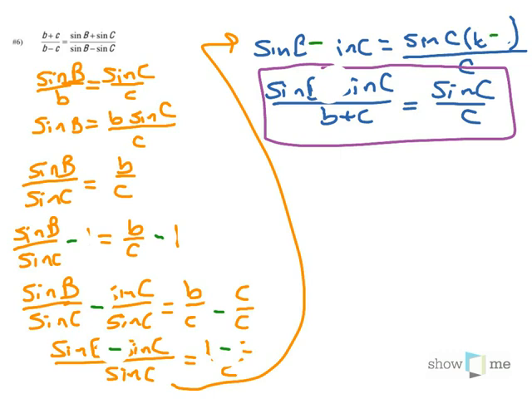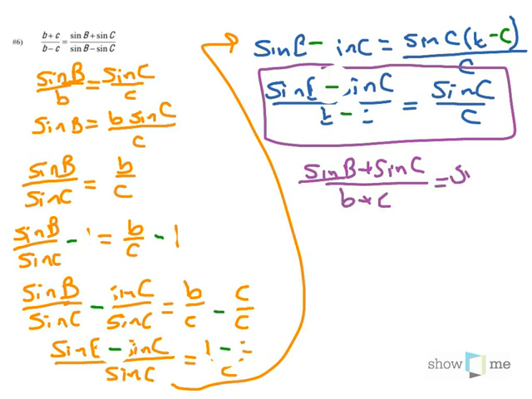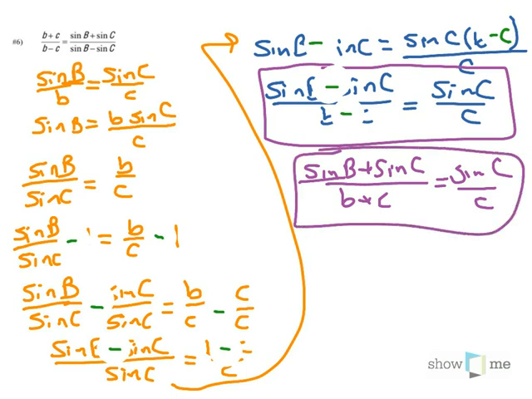So what ends up happening is we end up with, from the first time that we did this, sine of b plus sine of c, and I missed this right here, it's supposed to be minus as well, over b plus c is equal to sine of c over c. And then the second time we did it, we got the same thing on the right, but on the left we have minuses instead of pluses.